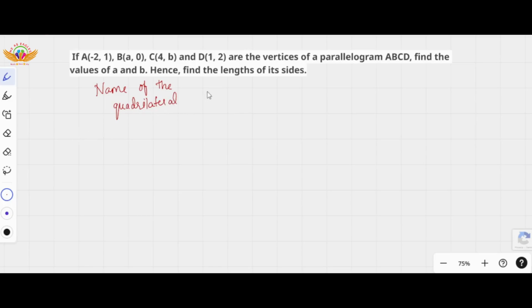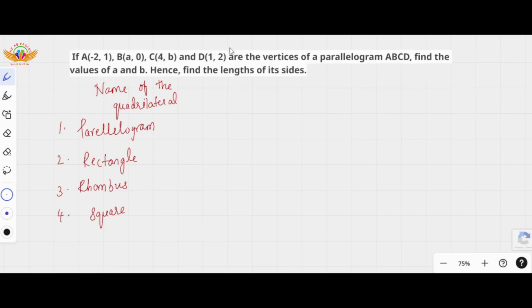So let us first write it as parallelogram. Parallelogram, and the second quadrilateral is rectangle, rhombus and square. So most of the times they ask you only on these 4, and triangle you already know, I told you in the previous question.